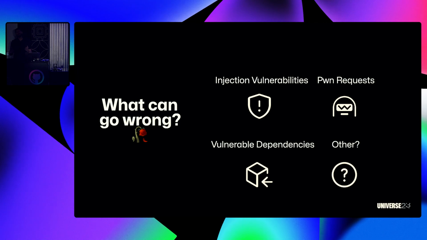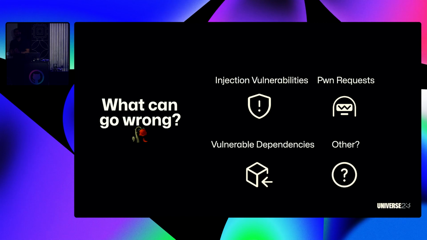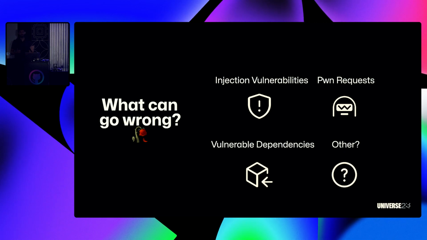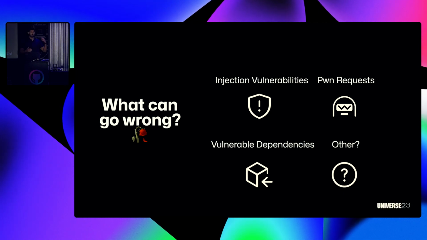GitHub Actions eventually come down to code. Code can suffer from security issues. Due to the nature of GitHub Actions, we can have injection flaws, in this case, template injections and command injections. But of course, also pull requests, because we are talking about GitHub Actions. They also depend on other code, therefore you have a whole supply chain issue right there.